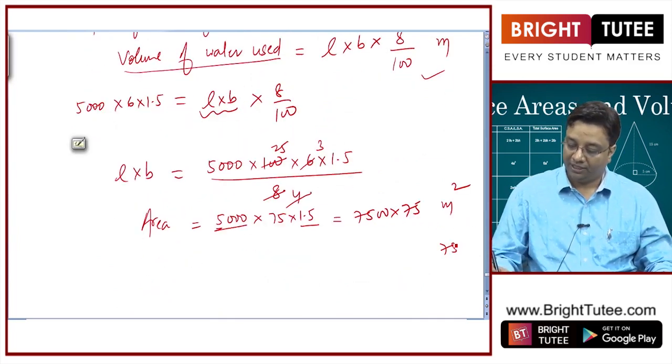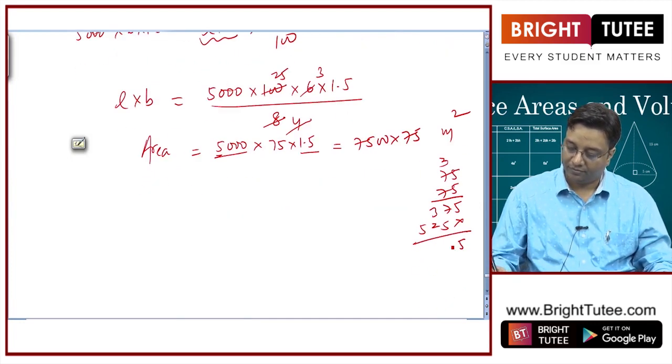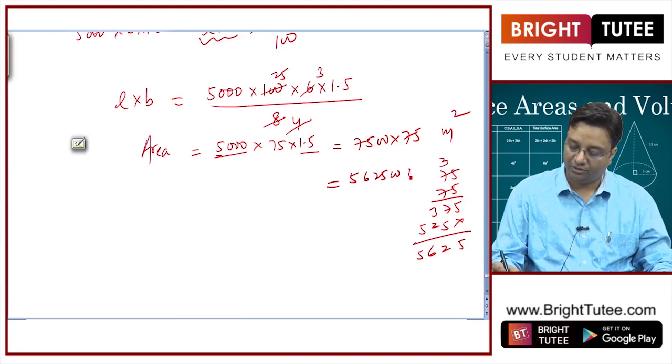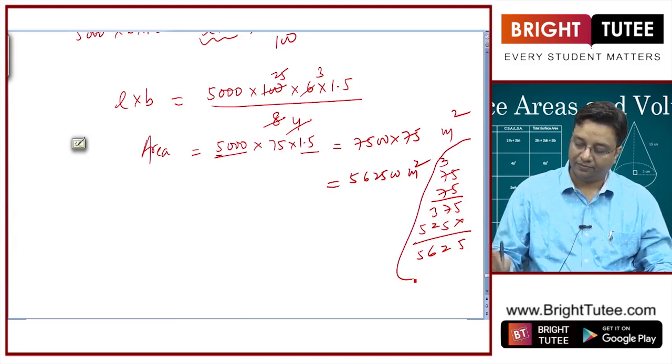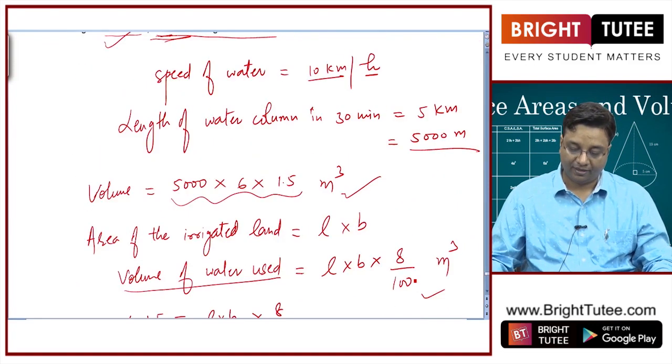Further you can multiply 75 with 75. So this will give you 562,500 meter square. This is the area that will be irrigated, right?